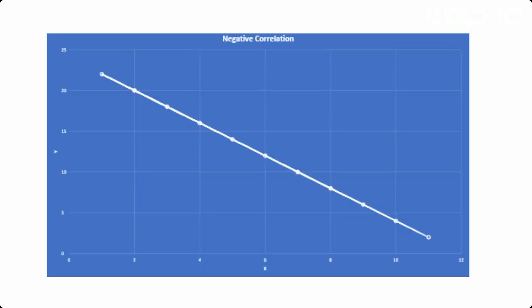Then there is negative correlation, where when one variable increases, the other variable reduces. So if we increase the y variable, we expect the x variable to reduce. If we reduce the x variable, we expect the y variable to increase. An example on negative correlation: if you increase the exercise time, you are likely to lose weight.